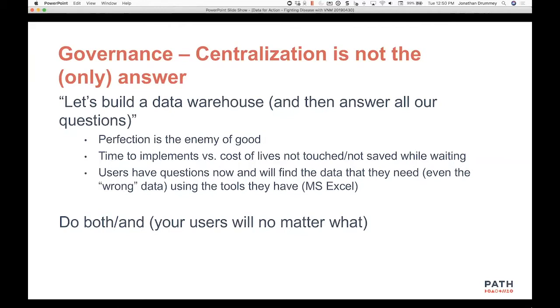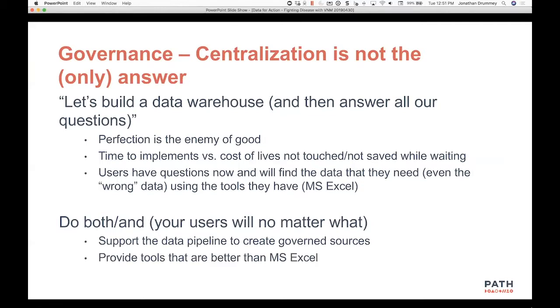We've got to be in this space of both-and, where yes, let's do the work to build out data pipelines that have governed data sources that are documented and everything, as well as provide users tools that let them work with the data more easily, faster, better than Microsoft Excel, and the training to go with them.